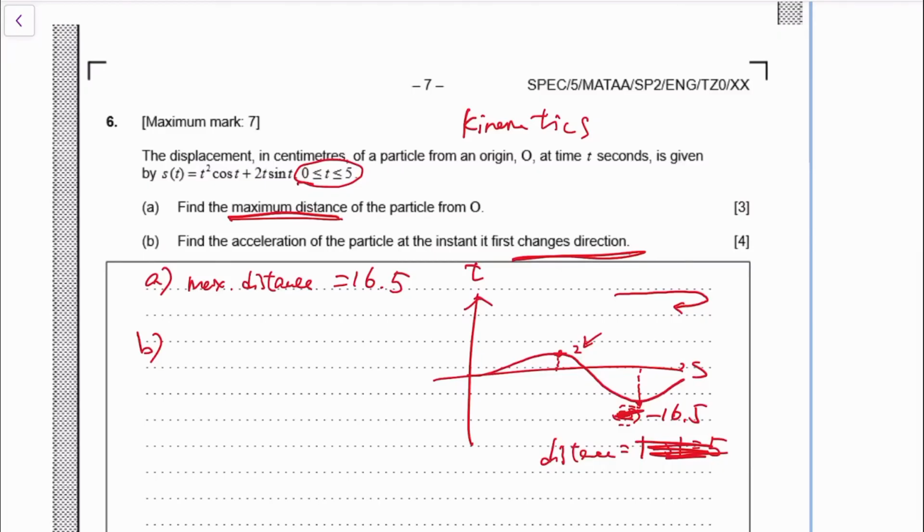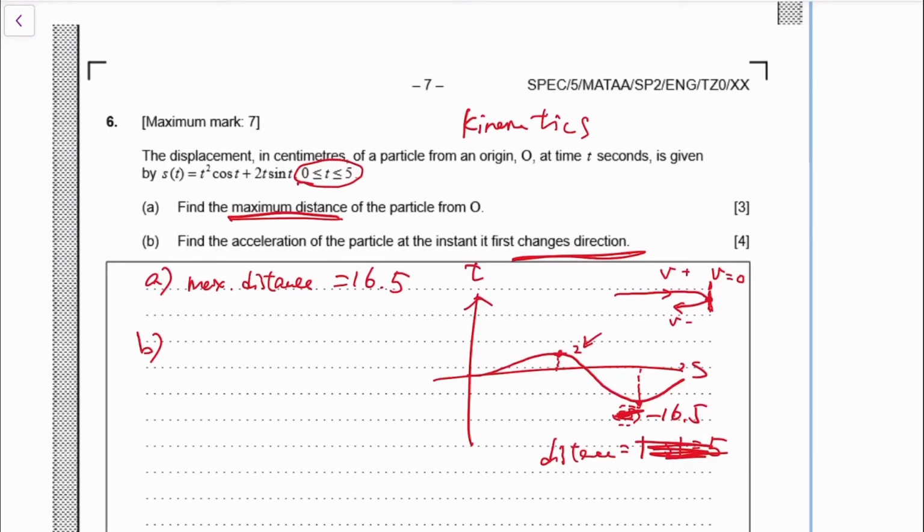And if you are going right, your velocity is positive, but if you're going back, your velocity would be negative. So at the moment that you're changing direction, your velocity should be 0. So the first instant that you change direction is the instant where the velocity equals 0.